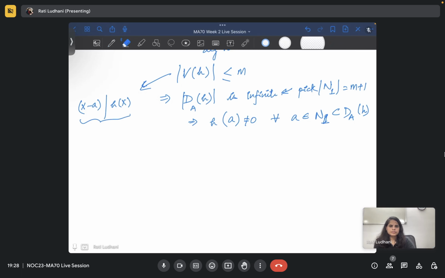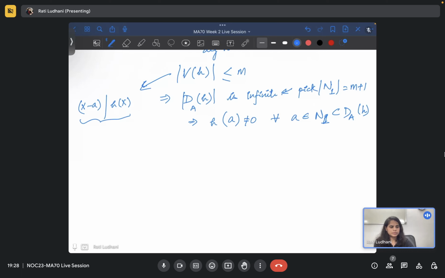It's a kind of general statement of the fundamental theorem of algebra. We just reduced the condition that K is a field to an integral domain, but it should be infinite. The fundamental theorem of algebra is for complex numbers, but any infinite integral domain, that statement is true.